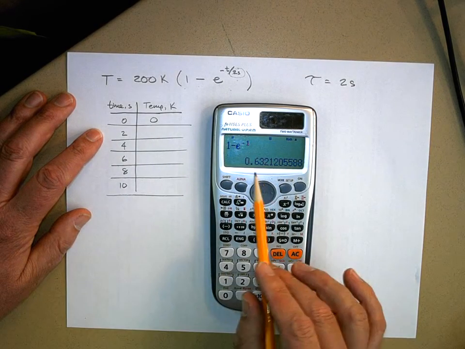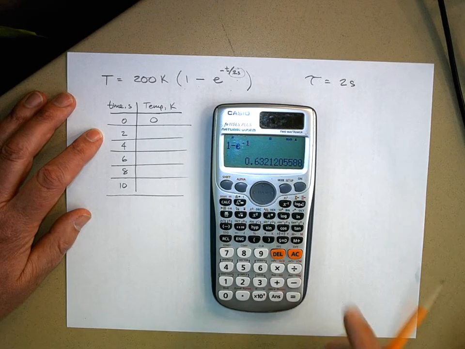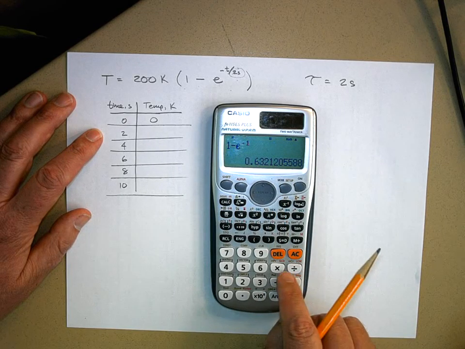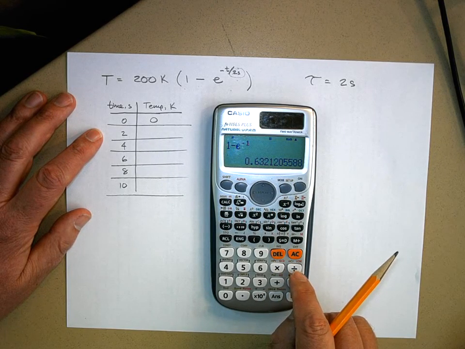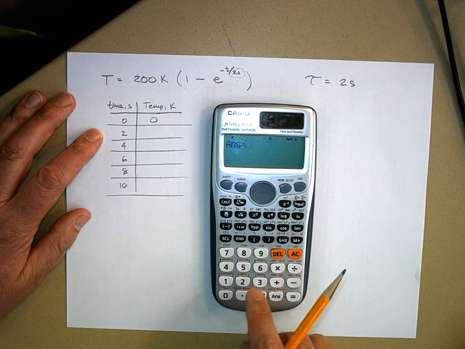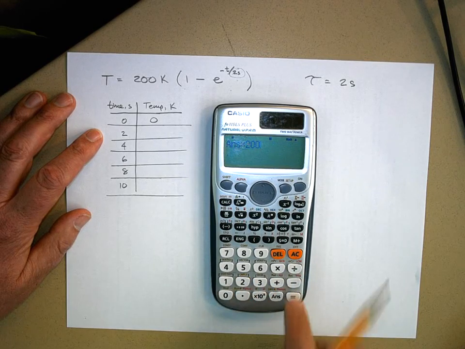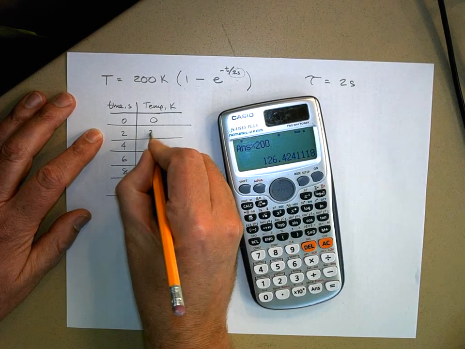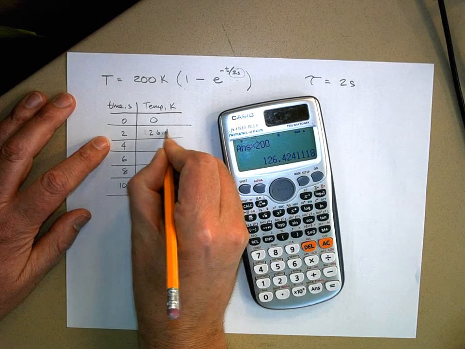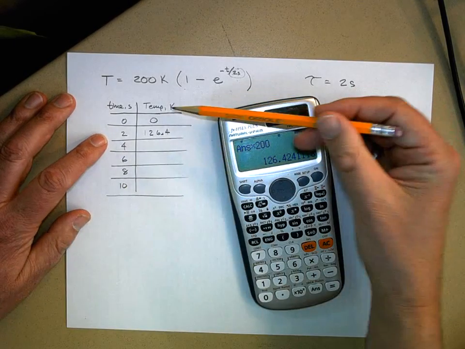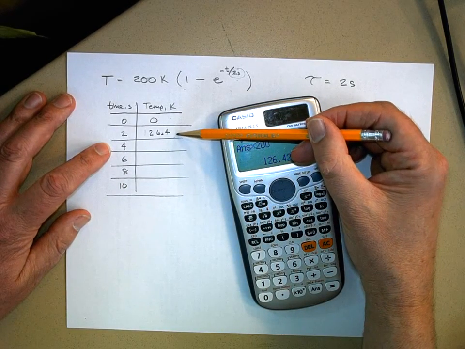And that gives you 0.6321. Then we're going to multiply that times 200. And we get 126.4. So look, we went from 0 to 126.4.